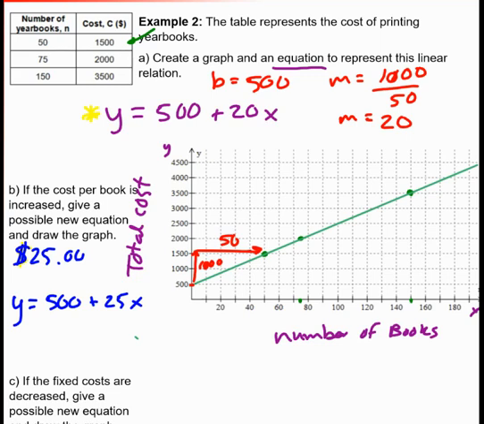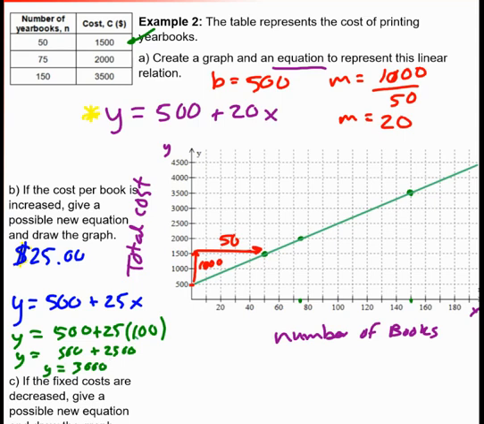I always find you pick somewhere in the middle, pick a nice number in the middle, and do 25 times 100, plus your 500. What's that going to equal? So y is going to equal 500 plus 2,500. So y is going to be 3,000 in this case.